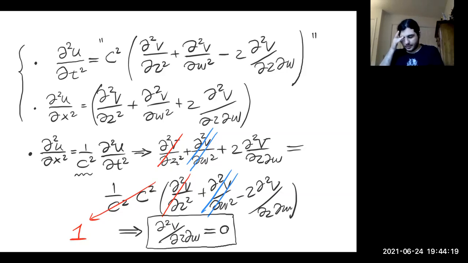Therefore, you have this equation. So second derivative of v with respect to z and w is equal to 0. So this is the wave equation for v in these new coordinates.